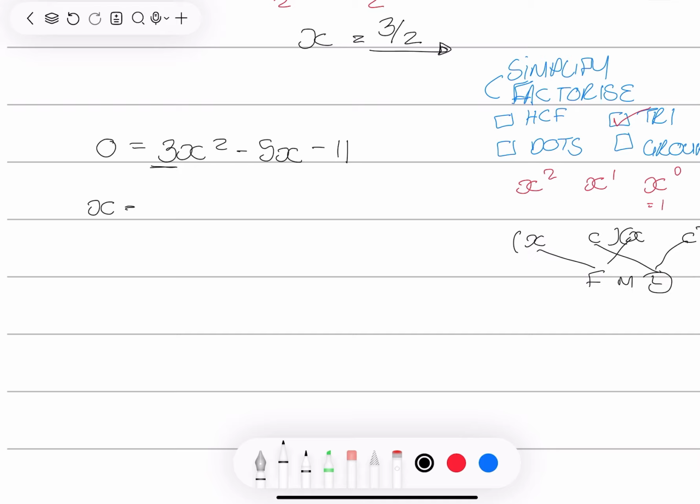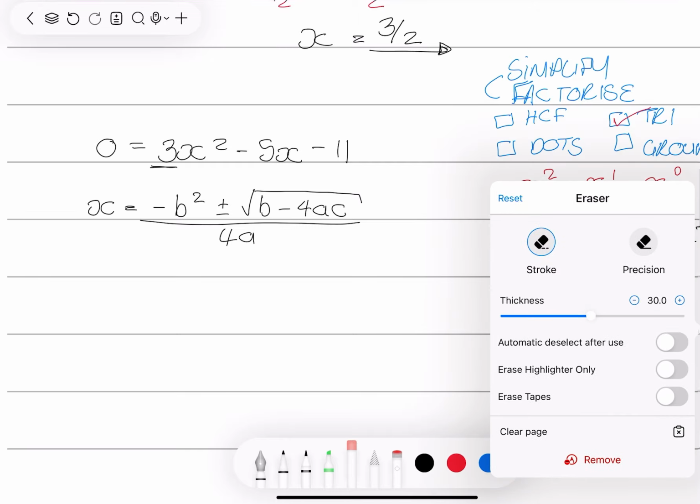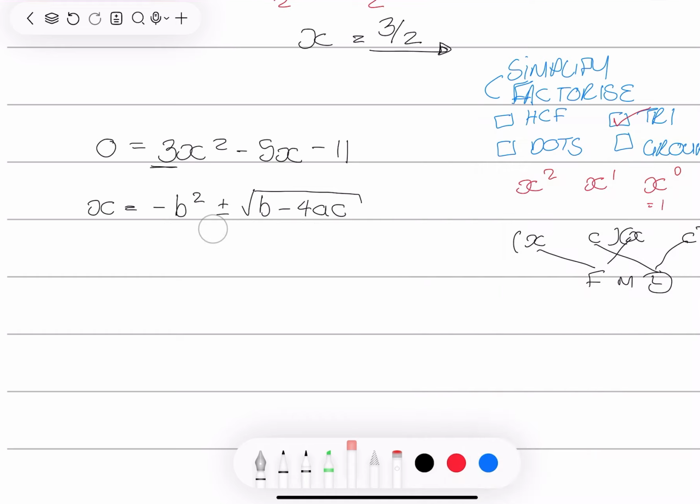So I'm hearing someone go x equals minus b squared plus minus square root of b minus 4ac. Okay, I just made a mistake there.